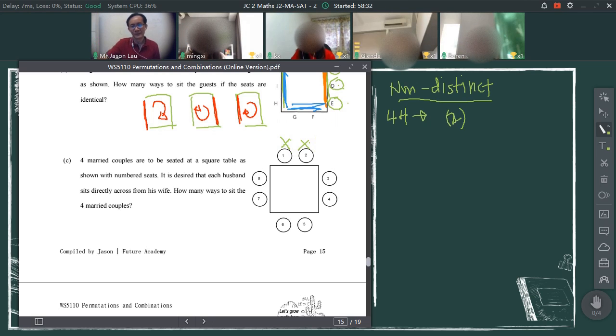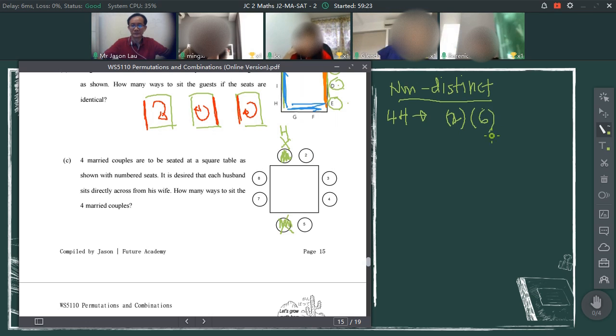Then how about the next husband? If the first husband sits here, then the wife will be next to him, so that seat is gone. How many choices? 3?